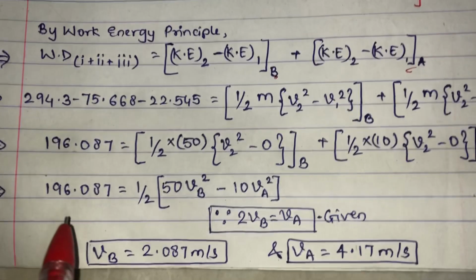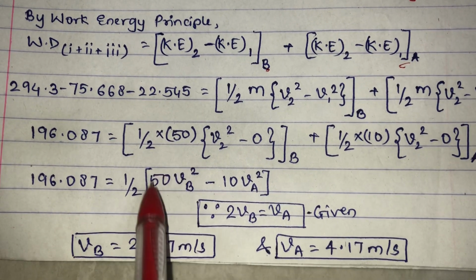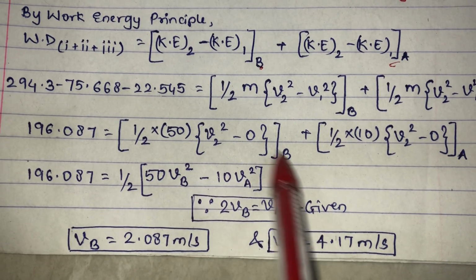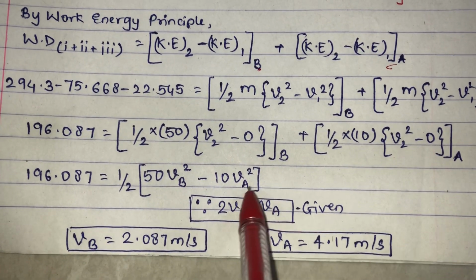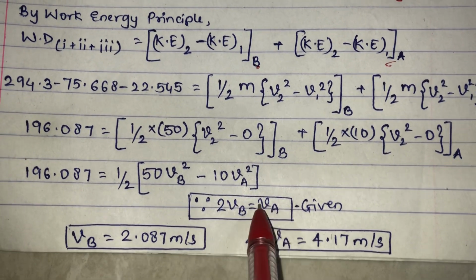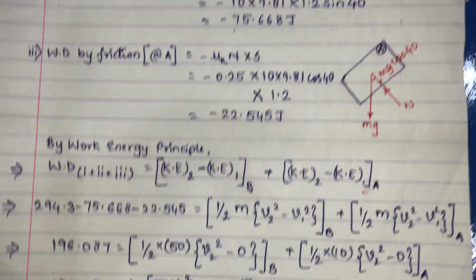Now here we have only mentioned 196.02087, half, we have taken common 50, this as VB square we have mentioned, and this as VA square we have mentioned. Now this relation, what we got here, 2 times VB equals VA.